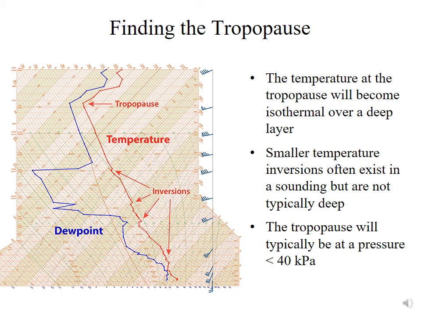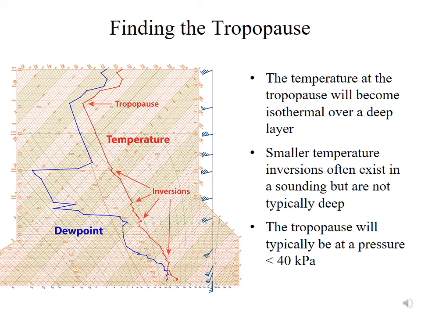And so here we have an example up near the top of the chart above about 15 kilopascals where the temperature abruptly becomes isothermal. Recall that on the skew T diagram, the isotherms are constant and move up to the right at a 45-degree angle. So in this case, we have an isothermal atmosphere up high, and that is the base of the tropopause.